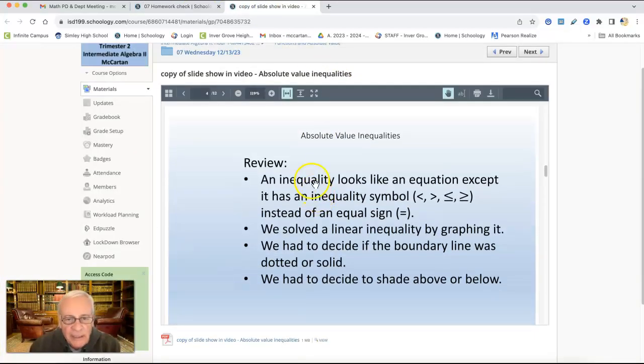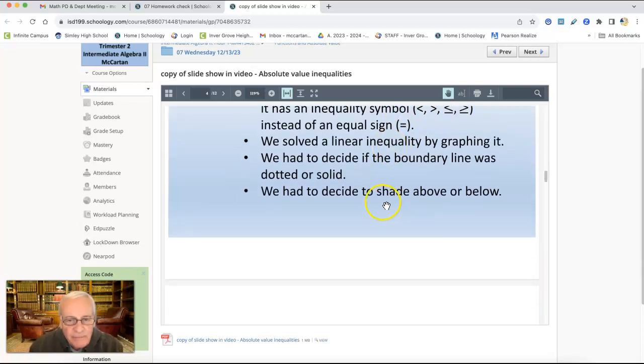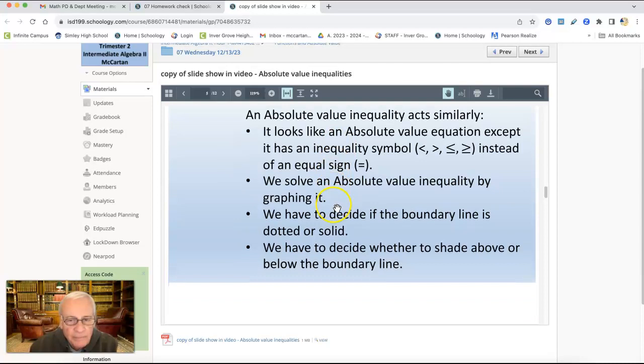Again, just to review, inequality, we use the inequality symbol instead of the equal sign. You solve it by graphing it. You got to decide, is the boundary line dotted or solid? And do we shade above or below, right? Absolute value works the same way.